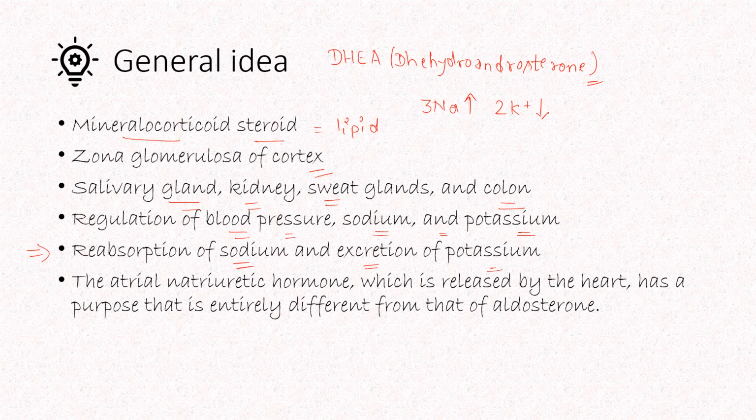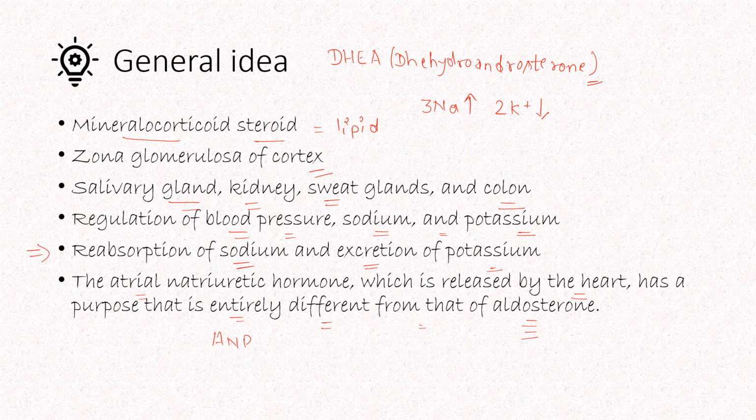We will discuss in detail in the next slide, but firstly let me finish the last point: they are opposite in function. The atrial natriuretic hormone, which means ANP, is released by the heart and has a purpose entirely different from that of aldosterone.